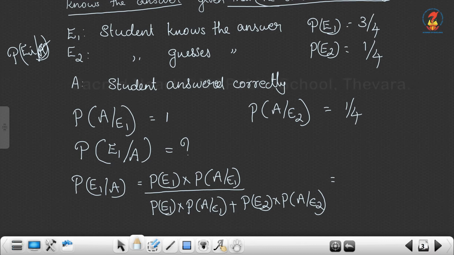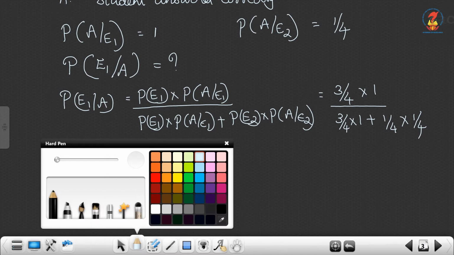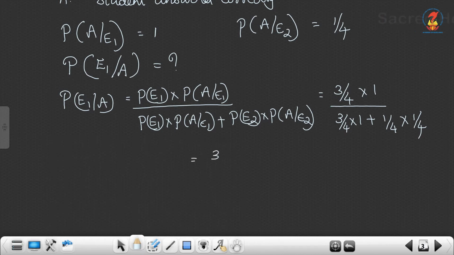Now P of E1 means 3 by 4 into A given E1, that is 1. Then again 3 by 4 into 1 plus 1 by 4 into A given E2, that is also 1 by 4. Okay. Now simplify. So it is 3 by 4 by 3 by 4 plus 1 by 16.